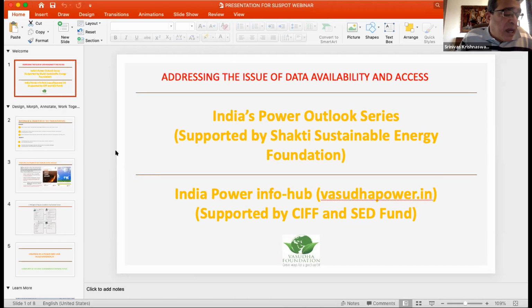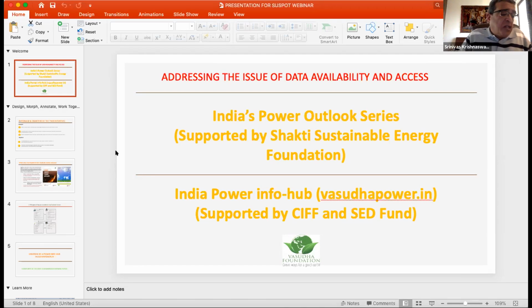In many cases there's a lag in the flow of data, and sometimes the lag can be as much as 2 years, definitely a year in many cases. And four, since most of this information is put out by different authorities, there is no holistic picture, or no one place where you can get all the data.